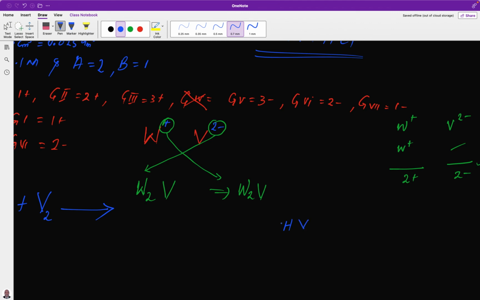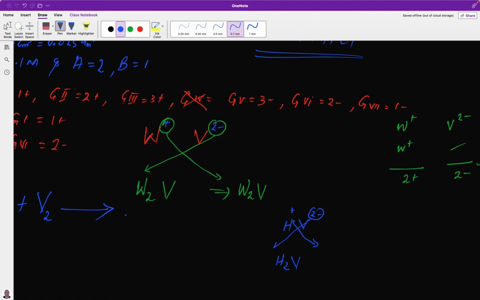I told you that one has a charge of plus 1, and the other has a charge of negative 2. So let's swap the charges. You will see that hydrogen will be H2, and V will just be the one from this. So this will definitely be the product.